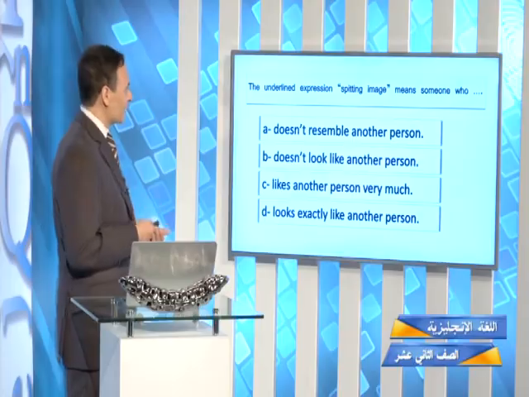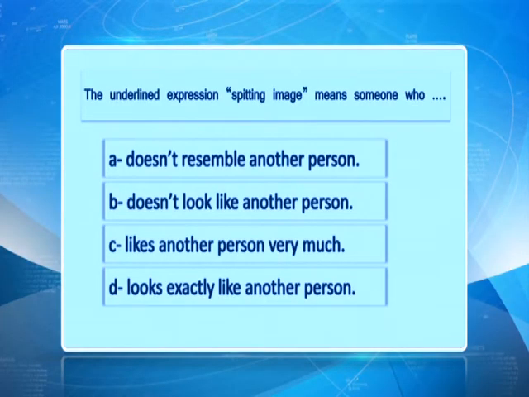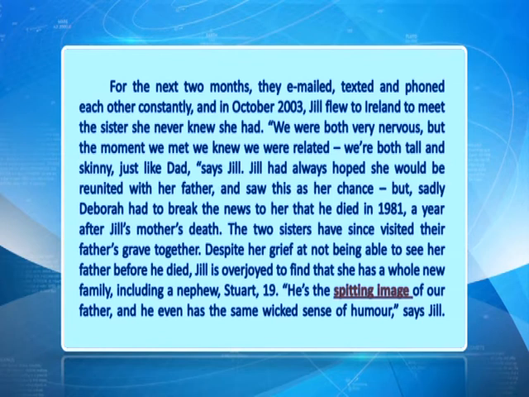Now, we have an expression in the text which is "spitting image." The underlined expression spitting image means someone who doesn't resemble another person, someone who doesn't look like another person, someone who likes another person very much, or someone who looks exactly like another person. And here is the expression in the text.